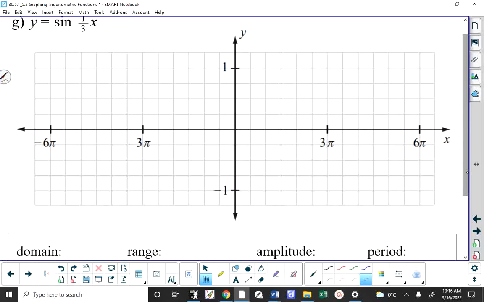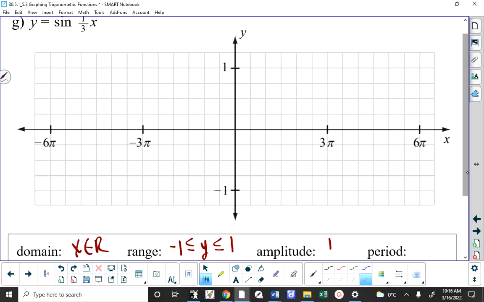The domain of y equals sine of 1/3 x would be any real number. The range would be the normal range because we haven't multiplied this by any a value other than 1. The amplitude would be 1.